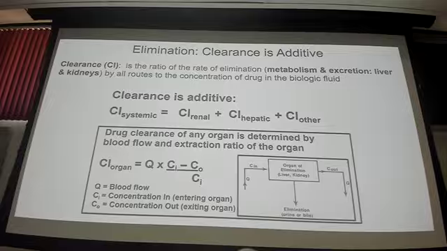A drug's clearance is based on the blood flow Q. You don't have to know this equation, but this is just telling you the blood flow to an organ, the amount of drug going into the organ versus the amount going out will tell us the clearance of a drug from that particular organ. And so again, clearance is an additive process of clearance from basically all the organs that a drug can go to.